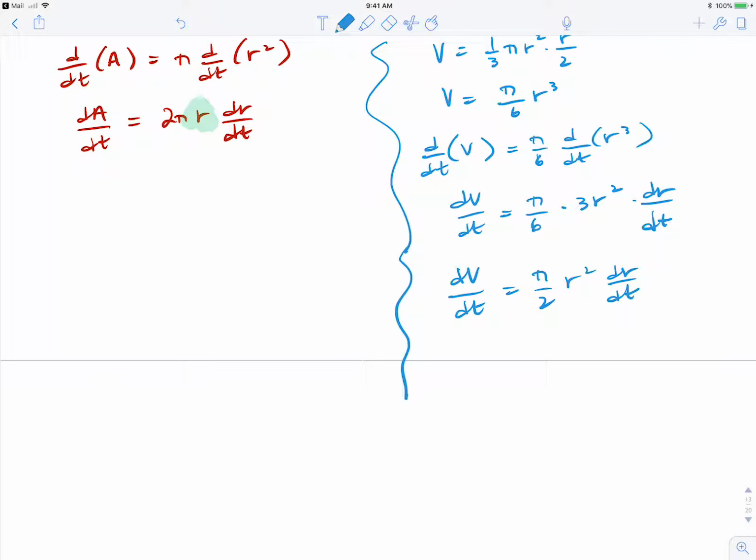Okay, we have dV over dt. We can plug that in. We know r is going to be 18. So now we can solve for dr over dt, which we want to plug in up here. If we multiply by 2 on each side of the equation, we'll have 10 equals 18 squared, it's 324.